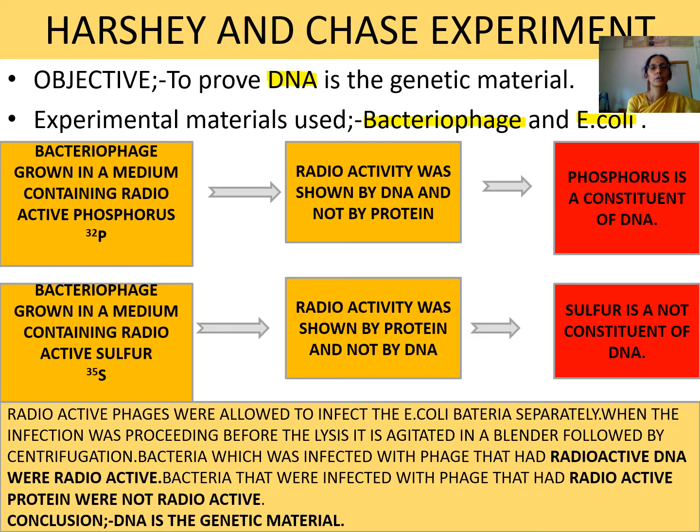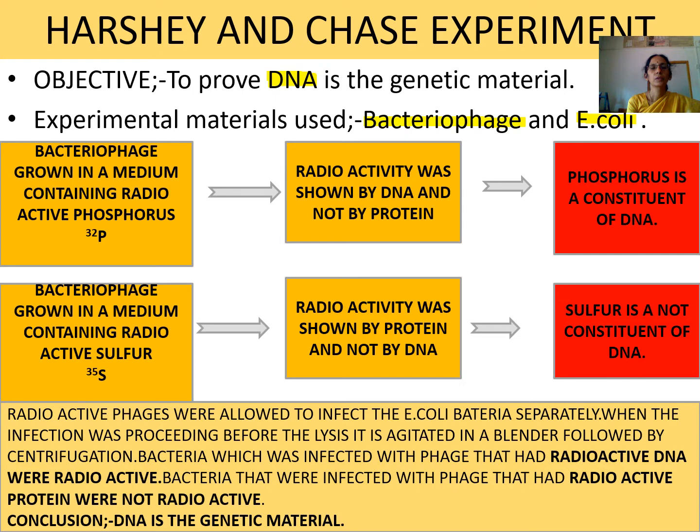So now which part of the phage shows the radioactivity? Can you guess? Yes. DNA will show the radioactivity. Why is DNA showing the radioactivity? Because phosphorus is a constituent of DNA.